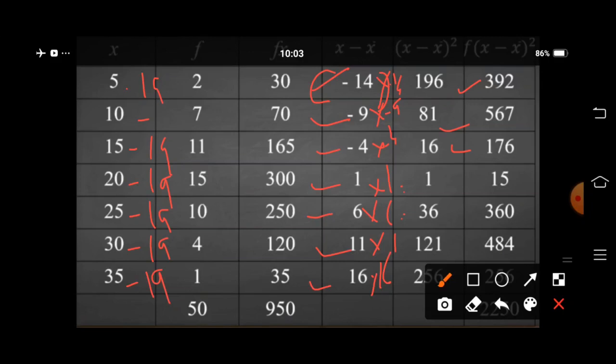Then, for finding the standard deviation, we need f into x minus x bar whole square.